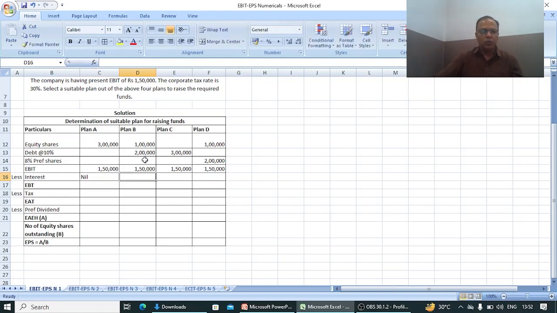In option number 2, because you collected rupees 2 lakh by debt, and the rate of interest on the debt is 10%, interest burden will be 20,000 rupees. Now in option number 3, interest burden is rupees 30,000. In option number 4, again, because debt is 0, interest will be nil.